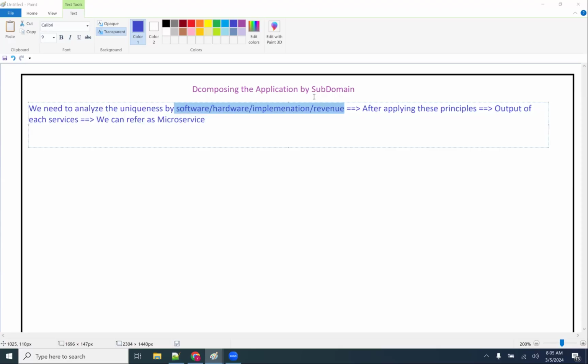We need to apply them. After applying them, the output you are going to get is typically a microservice. So that's the point we are getting at here.